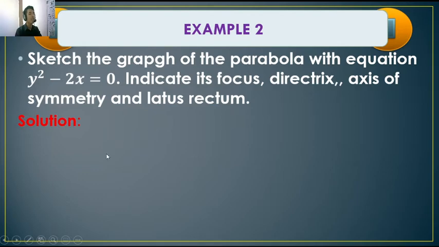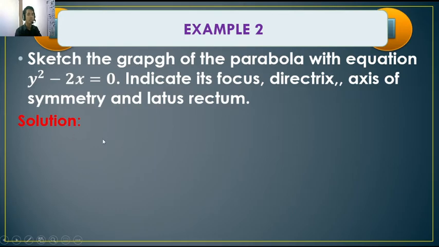So the orientation of the parabola will be sideways. But we need to determine if it opens to the left or to the right, and that depends on the sign of the numerical coefficient of x.